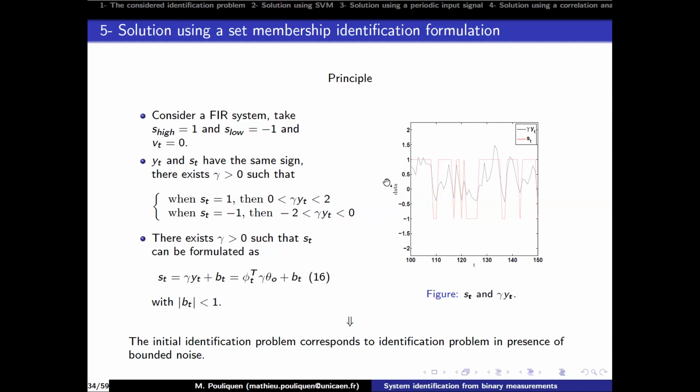It's depicted on the figure in red. The binary output, and in black I constrain the real output between 2 and -2. Finally, the real output with the gamma term is not far from the linear output.